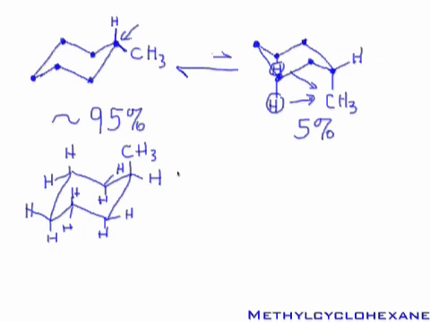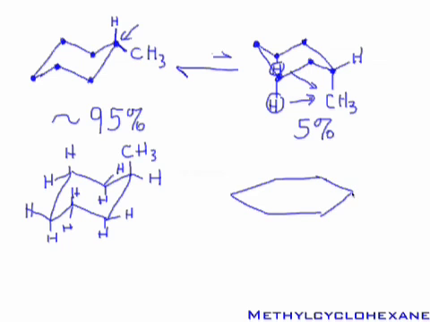Well, now things get a little bit complicated because if we're going to look at disubstituted ring structures, and we're going to do that next, we have to introduce the possibility of geometric isomerism. If cyclohexane was flat, this would be very easy.